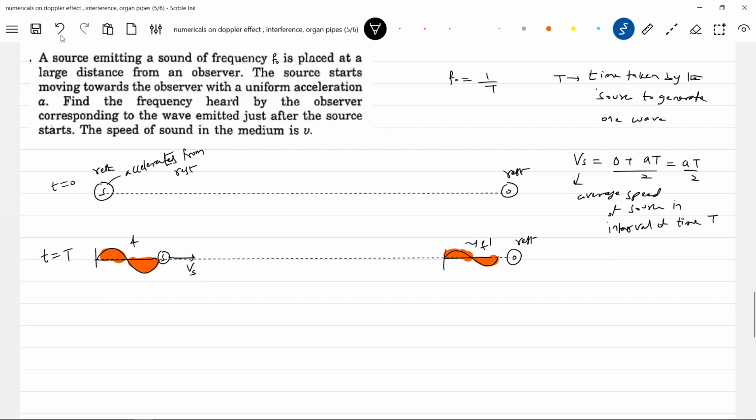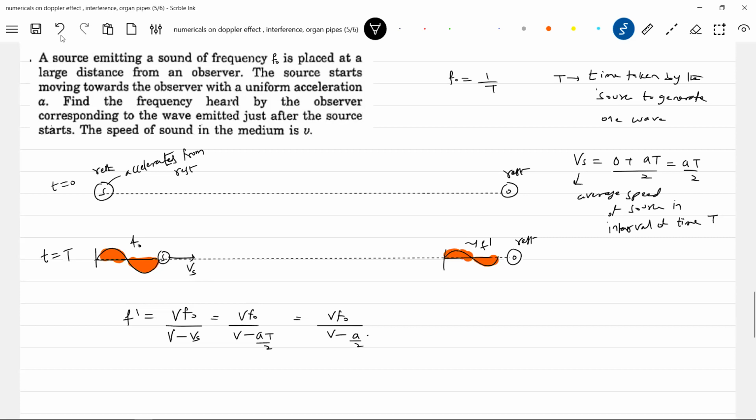Now we'll write the Doppler effect formula. So what is f dash? f dash is equal to v f naught by v minus Vs. What is Vs? aT by 2. Further, v f naught by v minus aT by 2.